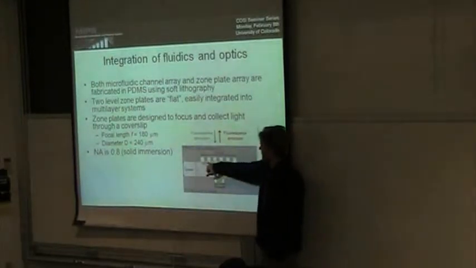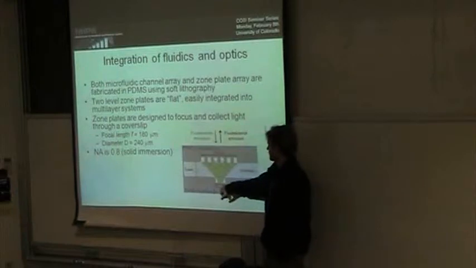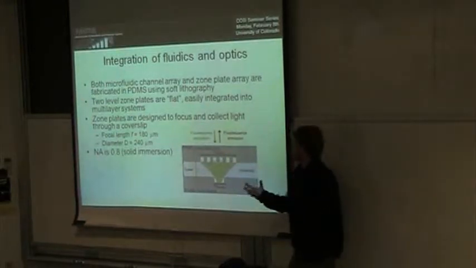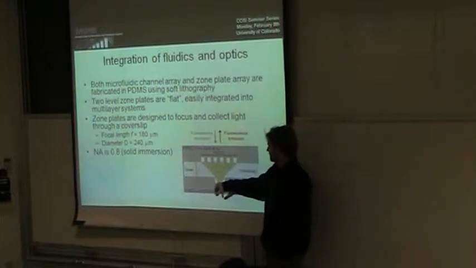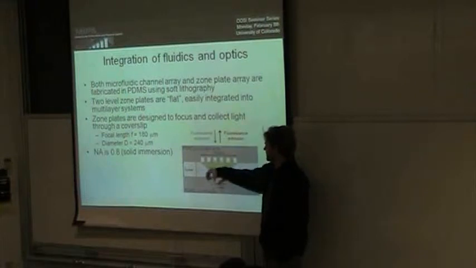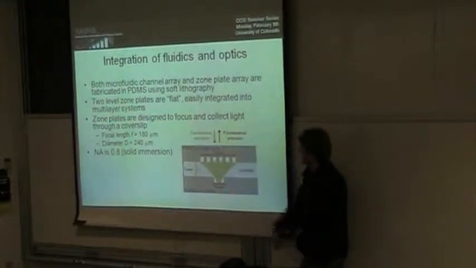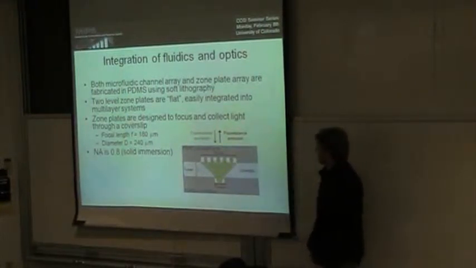The lens has a width that's much larger than the channel width, so therefore it can collect a lot of energy with which to focus into the channel, and then when the fluorescence emission in the channel radiates out, it can be efficiently collected by the zone plate.